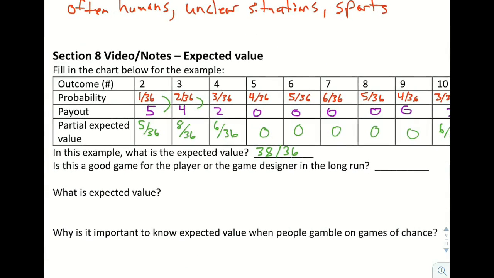So is this a good game for the player or the game designer in the long run? If you play this long enough, who would win? Me, the designer, or you, the player? Whenever the return here, this is the return for the player, whenever the return is higher than the house standard cutoff line, then you are going to be designing a game that's good for the designer.